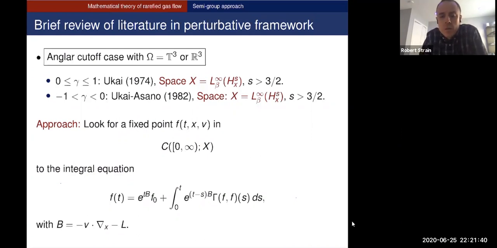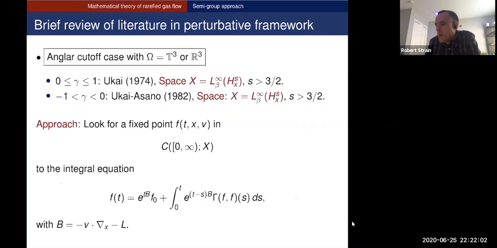These are the global existence and uniqueness results in the perturbative framework, so nearby the Maxwellian equilibrium. Early results in that framework were given by Ukai, and then a follow-up result with Asano.